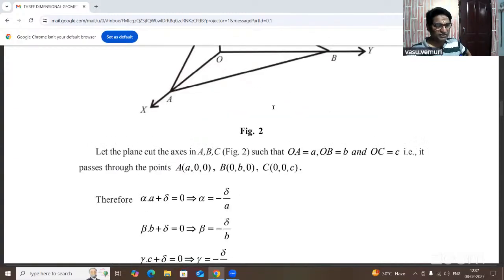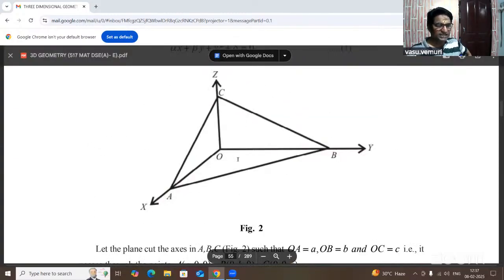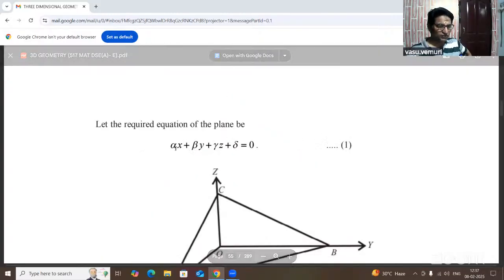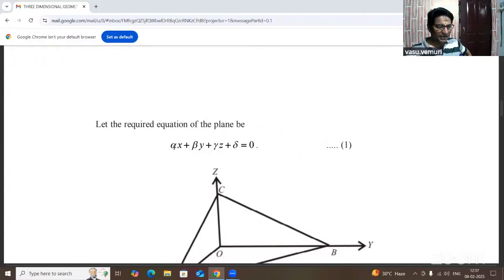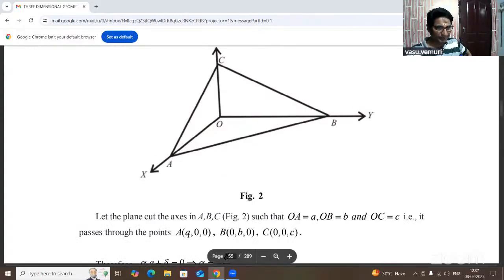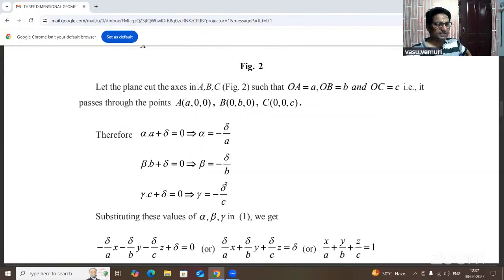Now, these three points satisfy the general equation of the plane. Capital A point is a, 0, 0, where OA distance is small a, OB distance is small b, OC distance is small c.